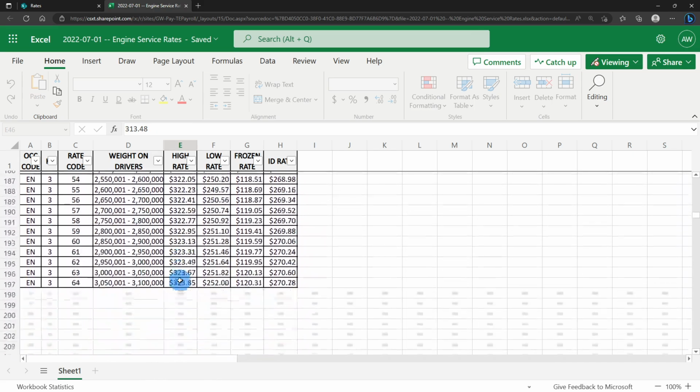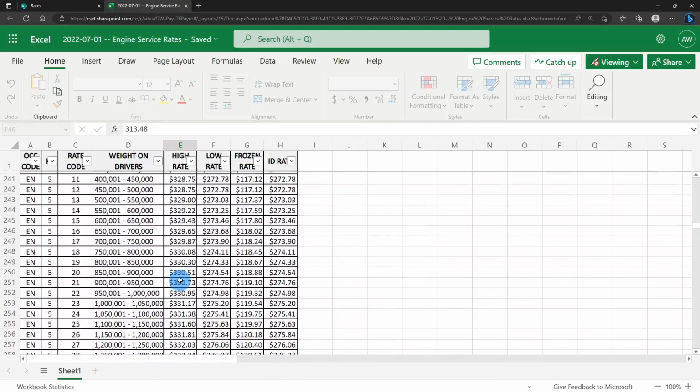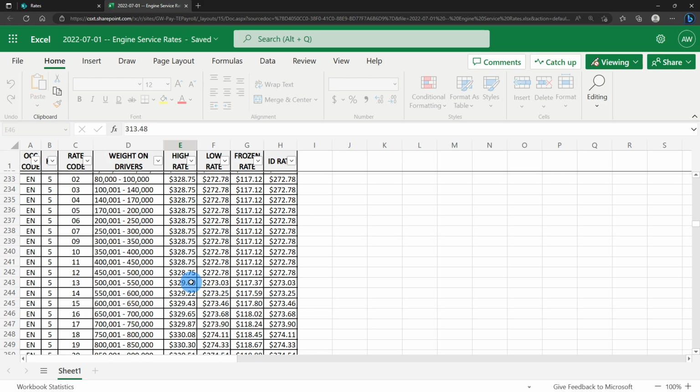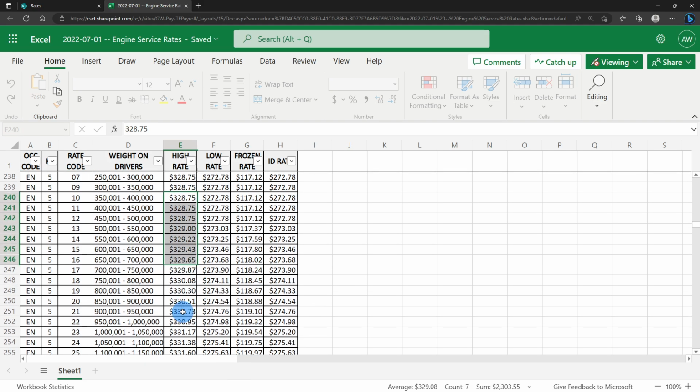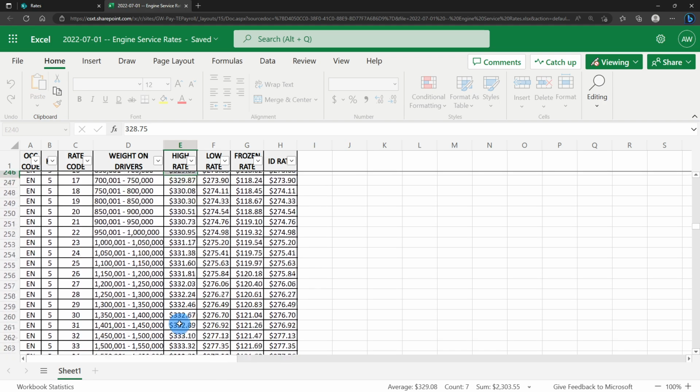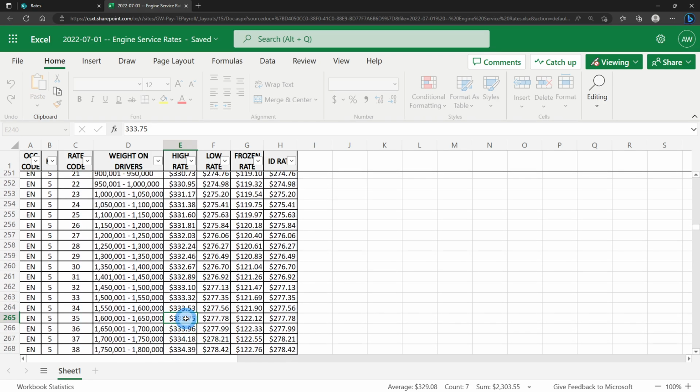Go scrolling down to yard service here. And depending on how many locomotives you have, the service rate does go up. I do believe I said this number right here, I think was 4 6-axles.